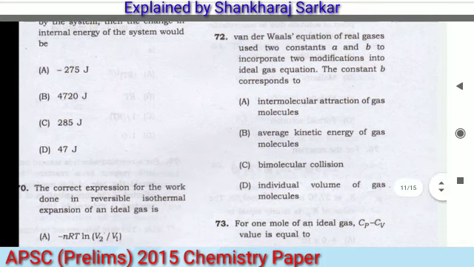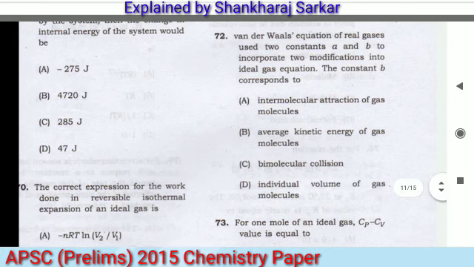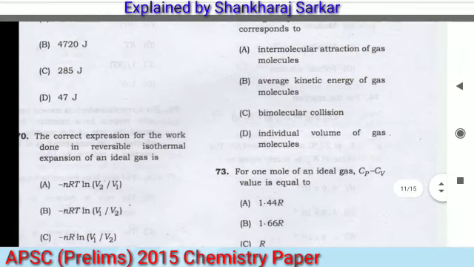So basically A and B depend on two things. A depends on attractive forces and B depends on volume. So option D is correct because B depends on individual volume of gas molecules.